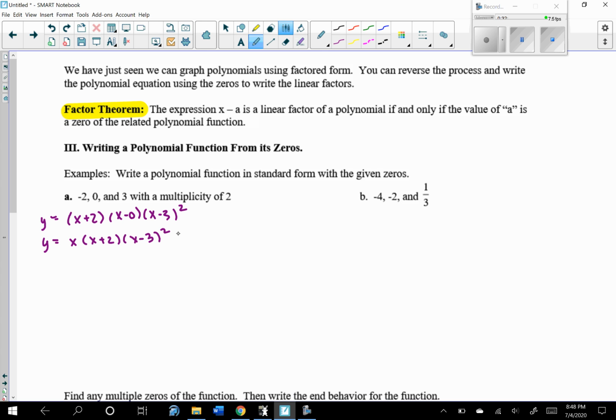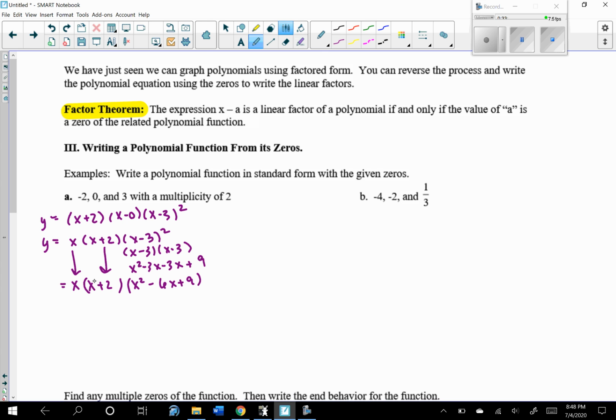If I want to FOIL this out, then I would do the x minus 3 times x minus 3 first. So if I FOIL this, I get x squared minus 6x plus 9, and don't forget that's being multiplied by x plus 2 and also times the x. And so then I'm going to keep on foiling.